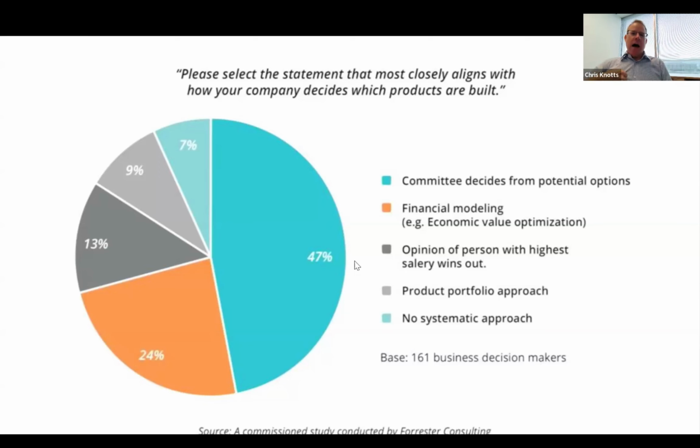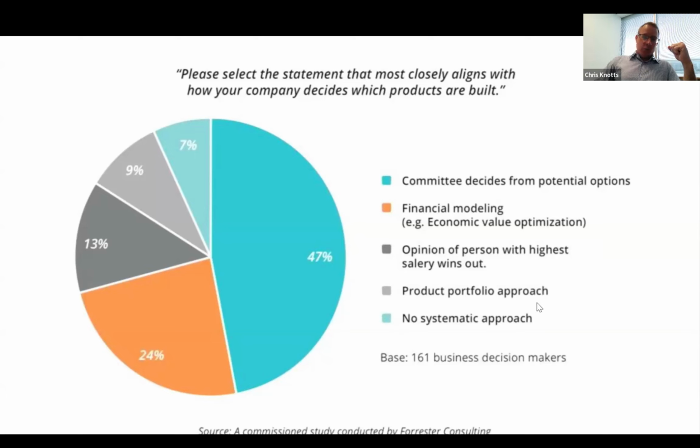Decision by committee is not a methodical approach. Decision by hippo, or the highest paid person in the room, is not a methodical approach. So that gets you to 47, 50, 60%. No systematic approach adds another 7. So those three options are no systematic approach.